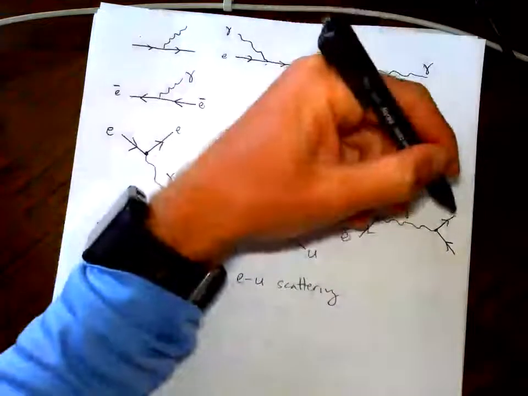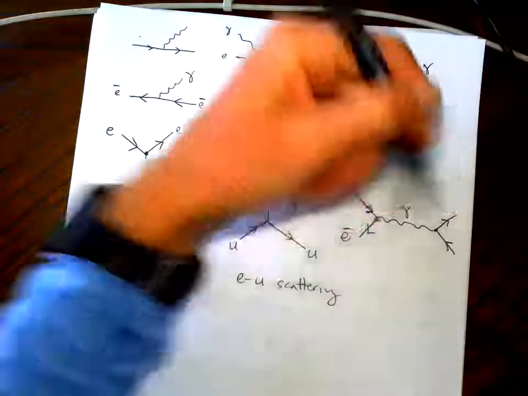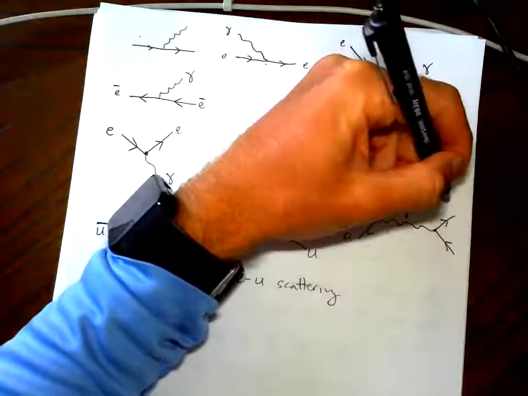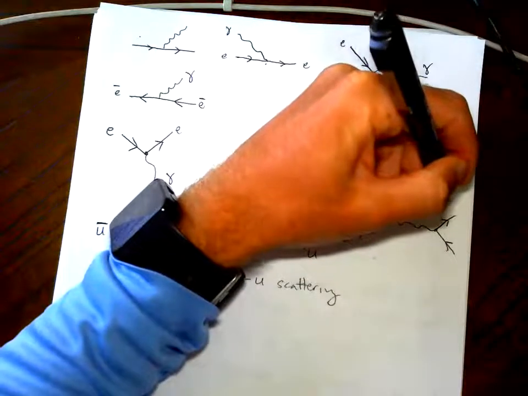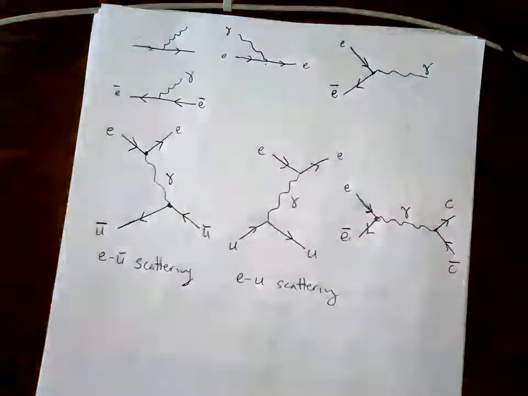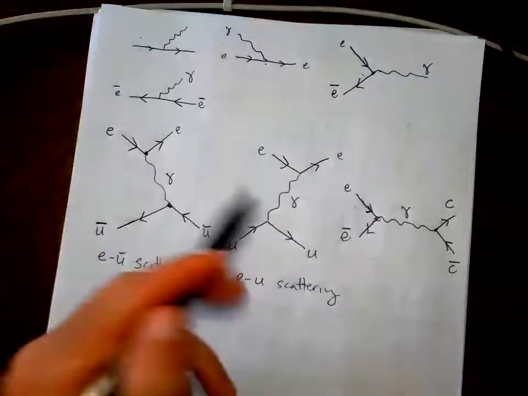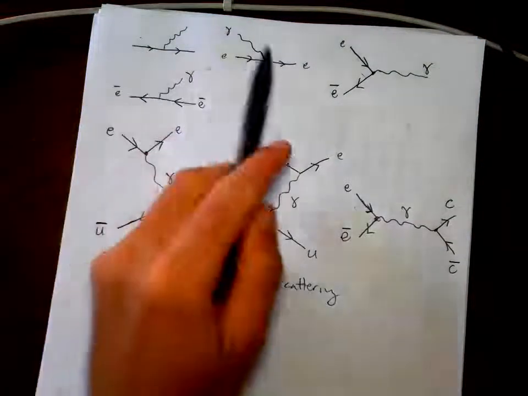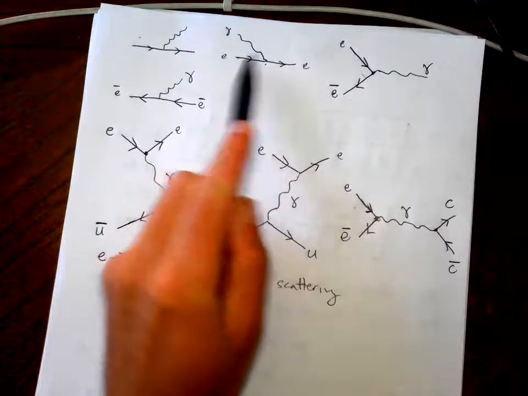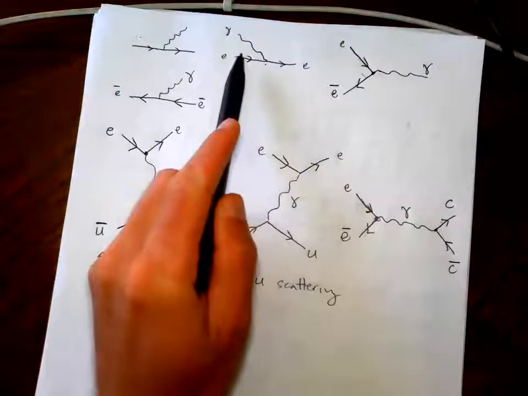And then let's say that this is a charm quark, and then this would be an anti-charm quark. Notice how with the electromagnetic force for the vertex, these two particles have to be of the same type.